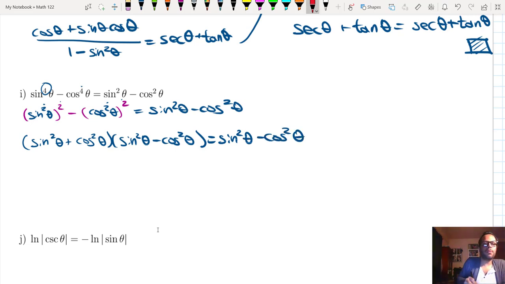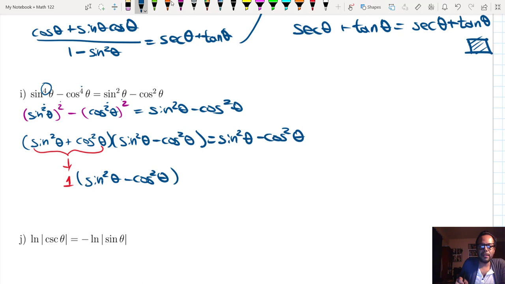Okay, but what do we know about the first factor? Sine squared plus cosine squared, isn't that equal to 1? 1 times sine squared theta minus cosine squared theta equals sine squared theta minus cosine squared theta.